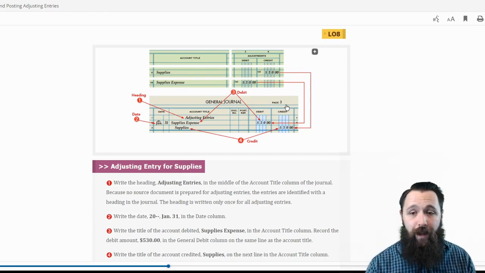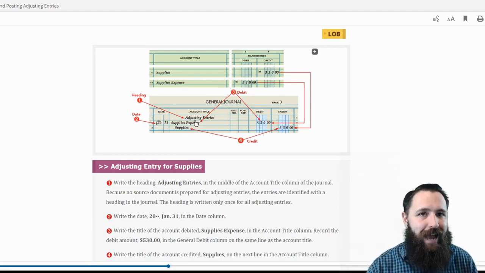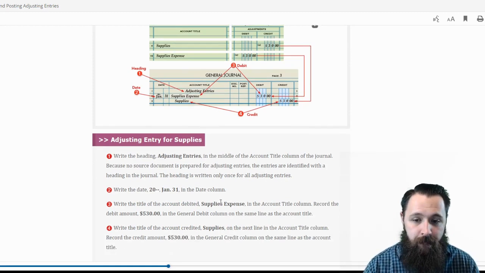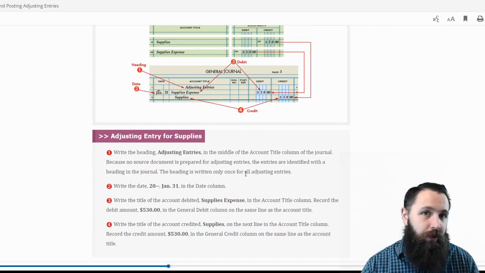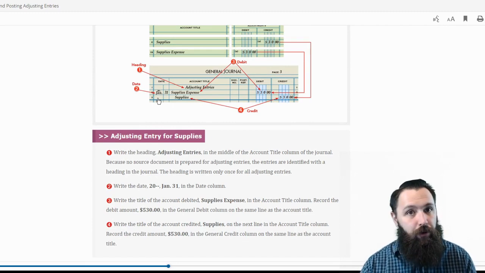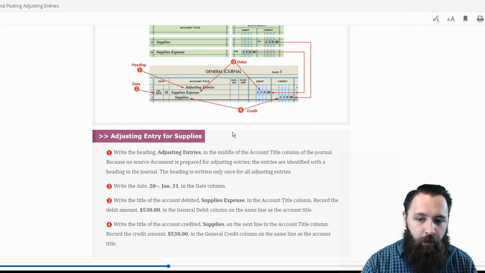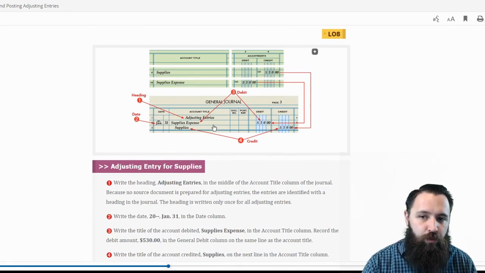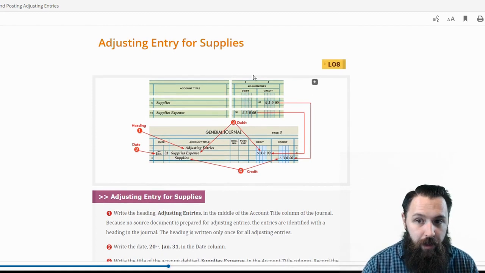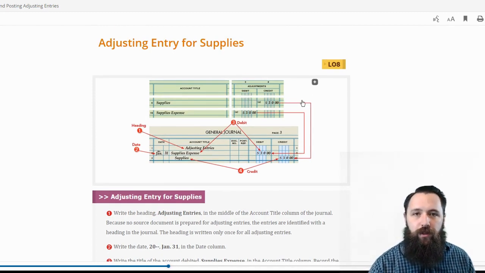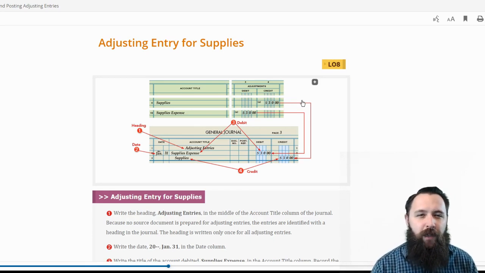We're going to put as a header, adjusting entries, because these are specific adjusting entries that we're recording here. After that, we put in our date, just like anything else. We need to put in the month because it's a new page, remember? Then we look at our worksheet and those adjustment columns. If you remember, we wrote A next to 2 of them and B next to 2 of them, just to show that they were connected.